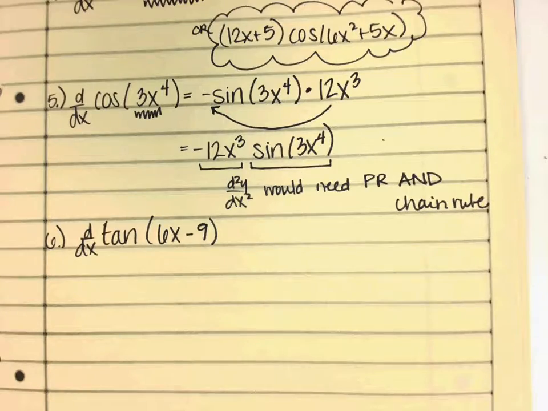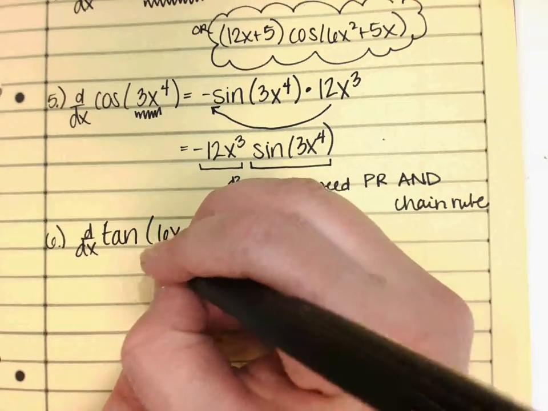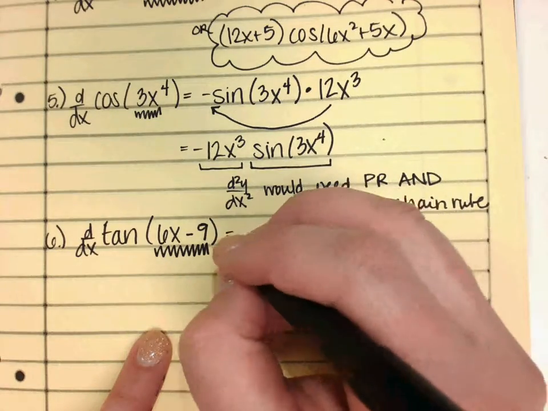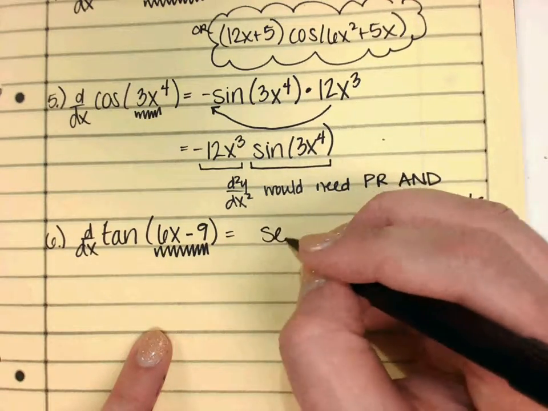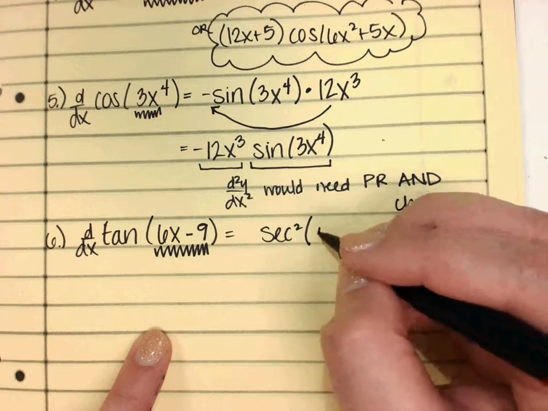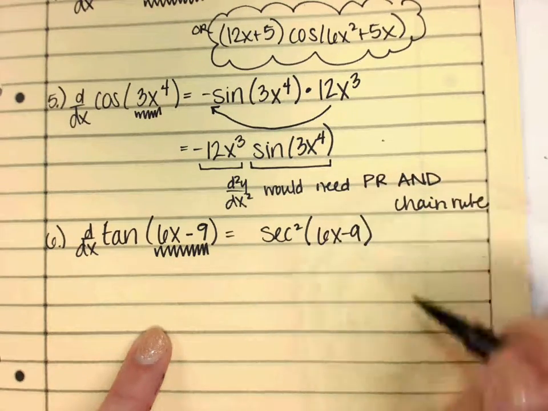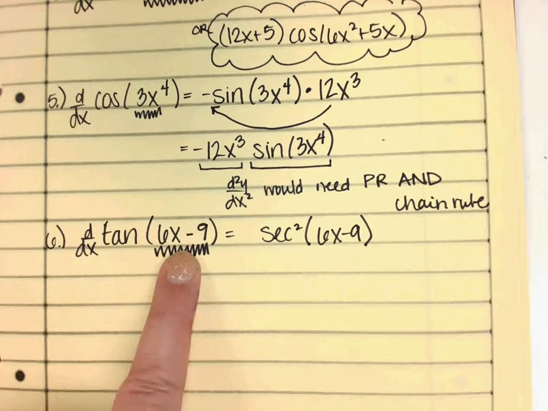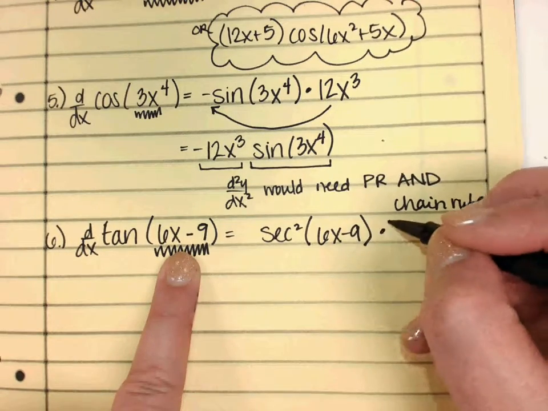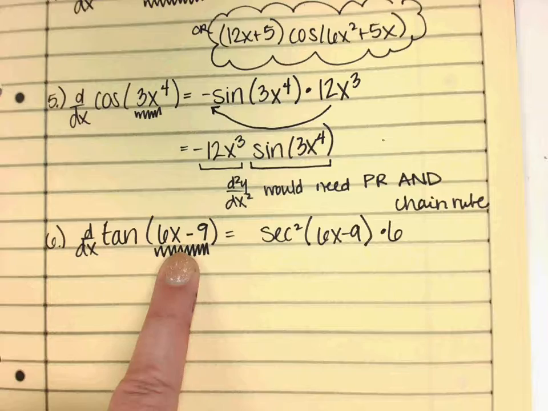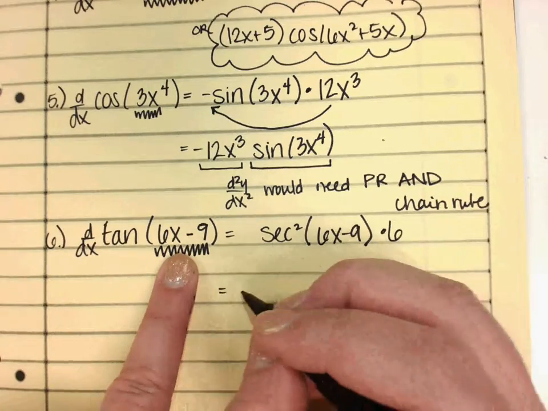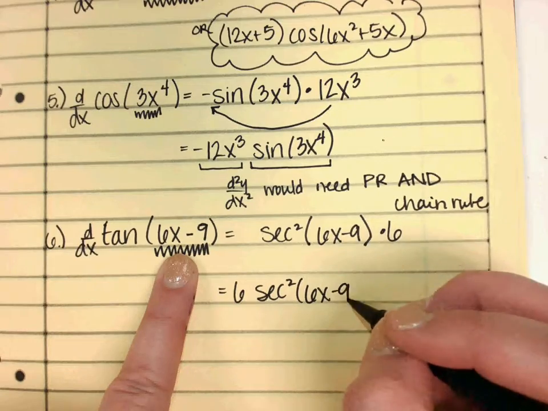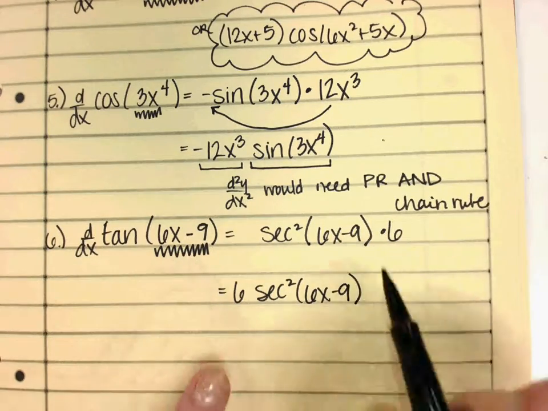So if my function has a tangent in it, 6x minus 9 is the core. What's the derivative of tangent? Secant squared, and my core stays the same. But then I need to multiply by the derivative of the core. What's the derivative of the core? Times 6. But they're not going to put it there. They're going to put it in the front. So it'd be 6 secant squared 6x minus 9. Make sense?